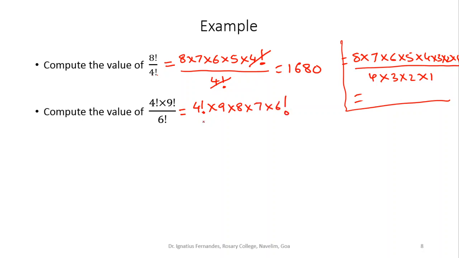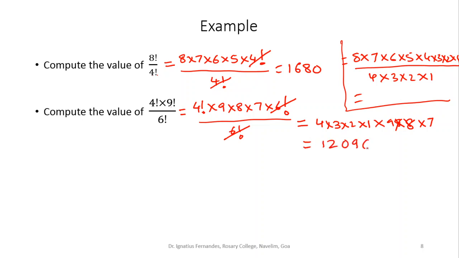I'll stop at 6 factorial because in the denominator I have 6 factorial, so that I can cancel them. So this will be equal to 4 factorial, which is 4 into 3 into 2 into 1. I cannot cancel more things, everything is in the numerator. So I'll write 4 factorial and 9 into 8 into 7. If you multiply these numbers, this will come to 12,096.